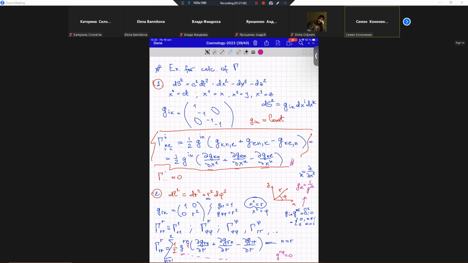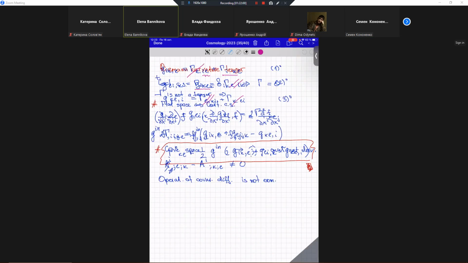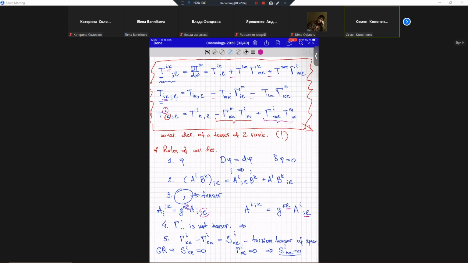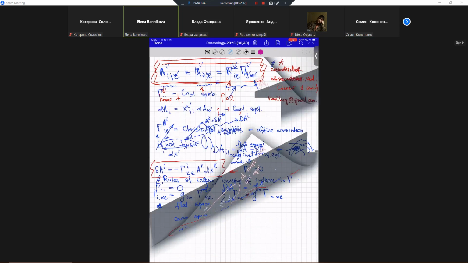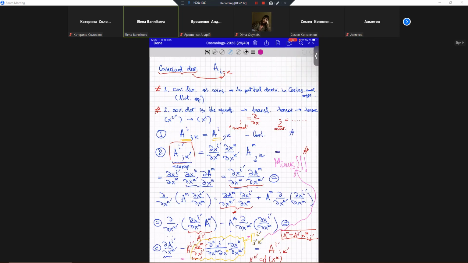Can we just see it? You would like to see this expression of the Christoffel symbols? Yeah, let's find it. So here you can see, here we obtained it.